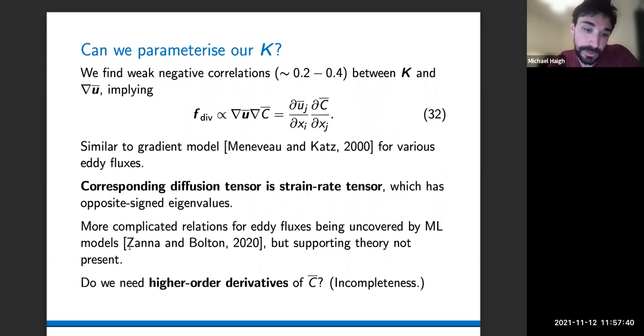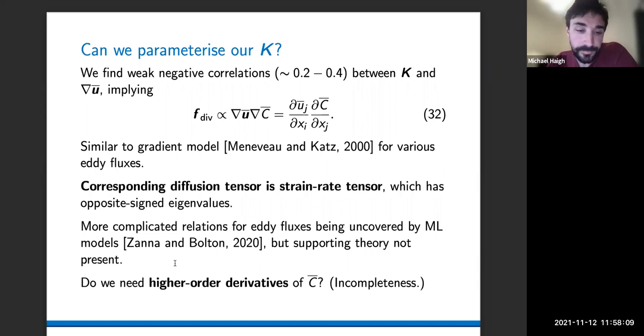For example, Laure Zanna and her research group have looked at uncovering relationships between eddy fluxes and large-scale flow features using different machine learning models, such as relevance vector machines. The issue, of course, with using these kinds of machine learning models is that it's very difficult to get the supporting theory for any models that your machine learning model might diagnose.